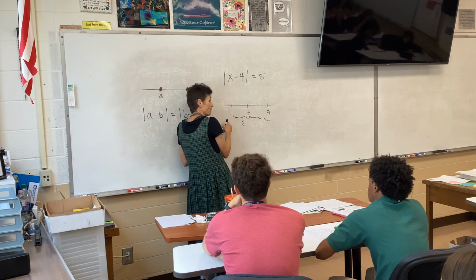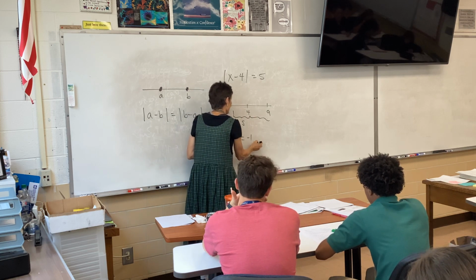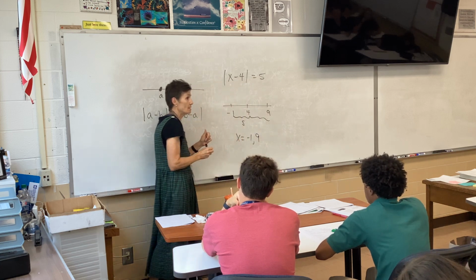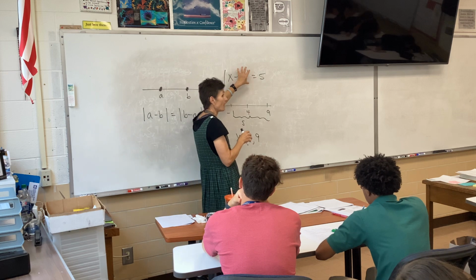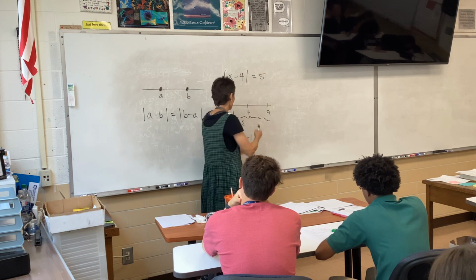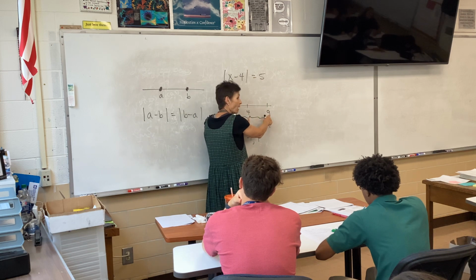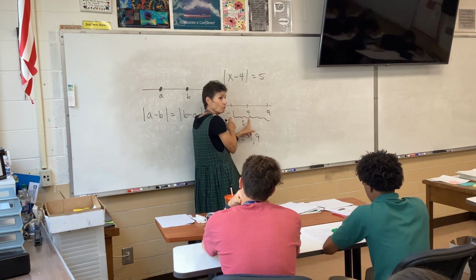What would this one be? Negative 1. So the answers to this problem are -1 and 9. The distance between something and 4 is 5. So here's 4. 5 that way makes 9. 5 this way makes -1.